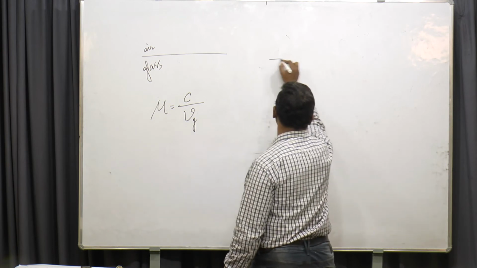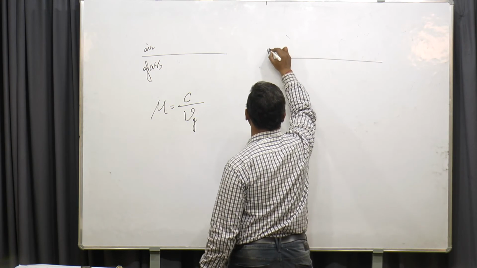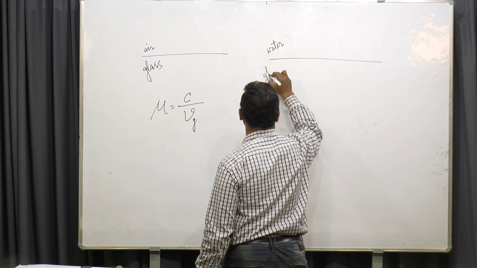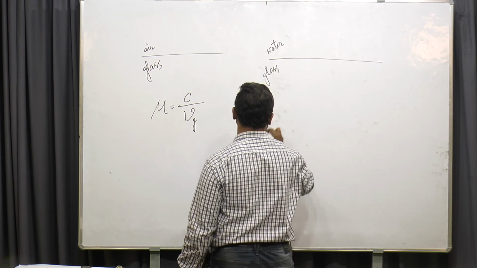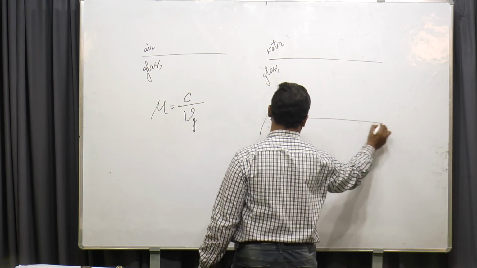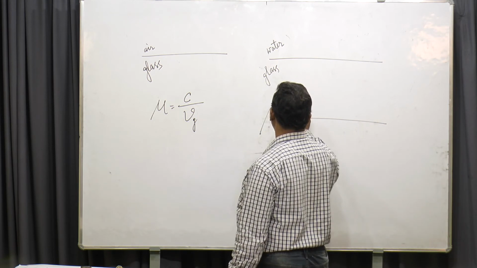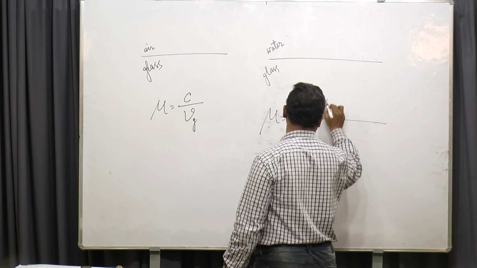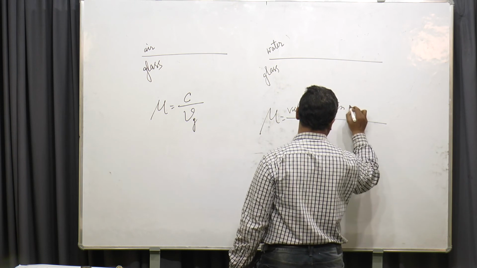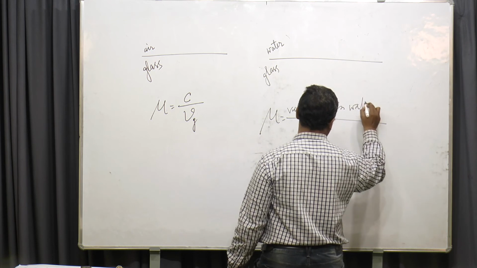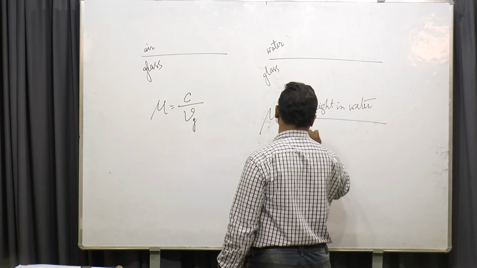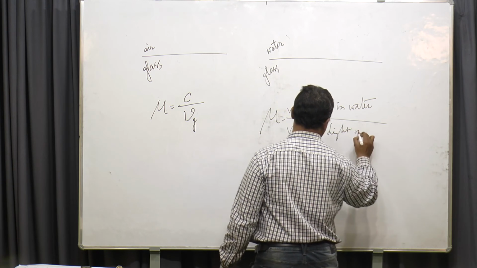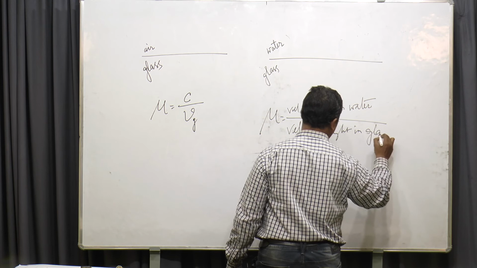Now if I give another pair of media, water and glass, then mu will be velocity of light in water and velocity of light in glass.